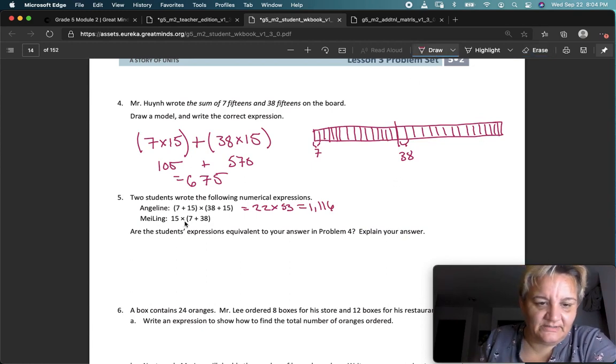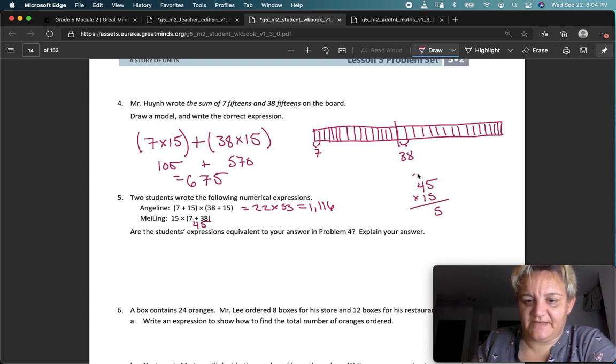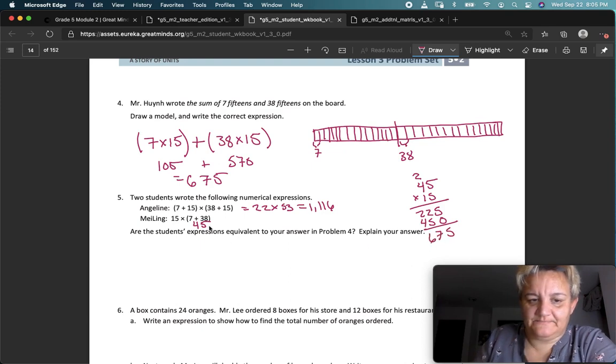And over here, I've got 15 times 7 plus 38. So 7 plus 38 is 45. And 45 times 15 is 25. It's 20, 22, 0, 5, 4. And we have 5, 7, 6.